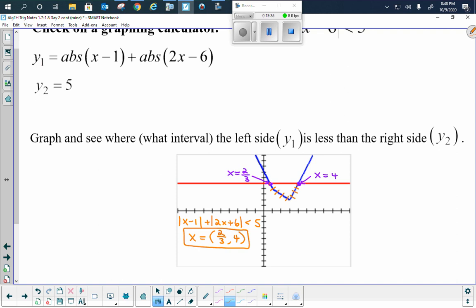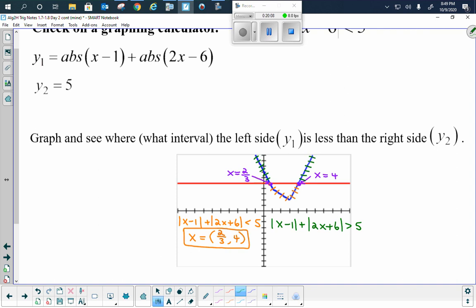Now let's just flip it around on you. You would do the exact same work, but what if I had asked you to do the same problem, but make it greater than 5? So now you'd be asking yourself, where is the absolute value, that's the blue graph, greater than 5, which is the red graph? Where are the y values in blue bigger than the y values in red? Hopefully you're going to see this region and this region.